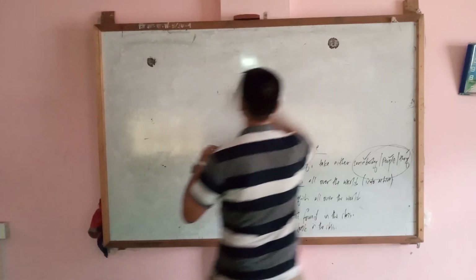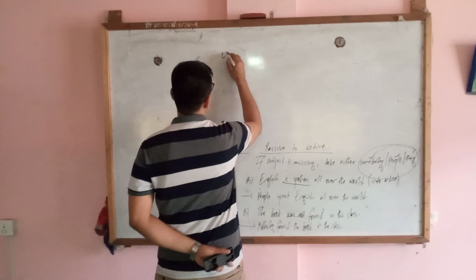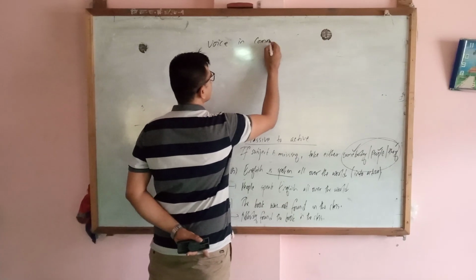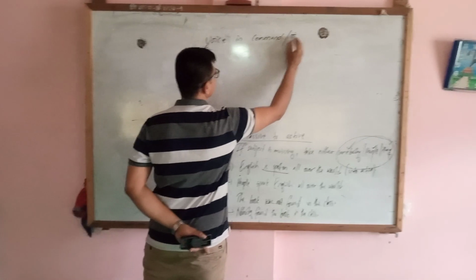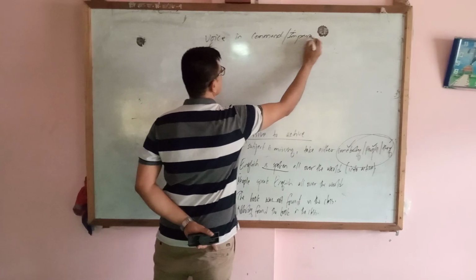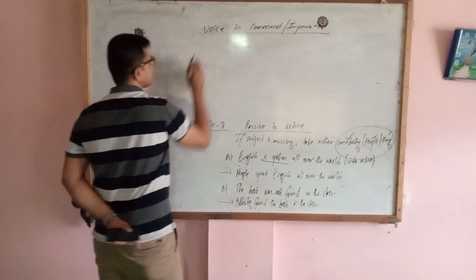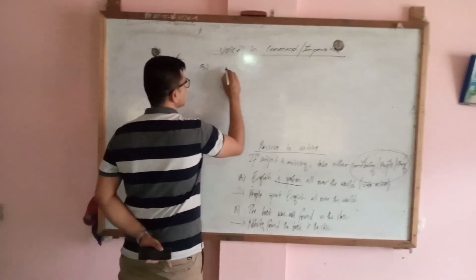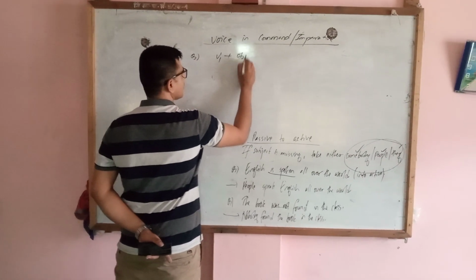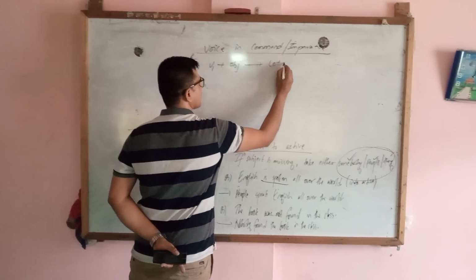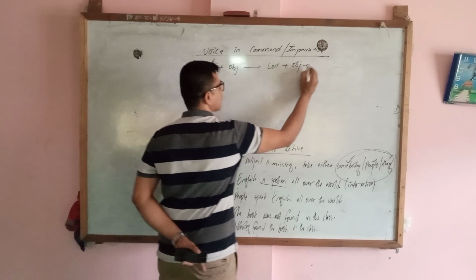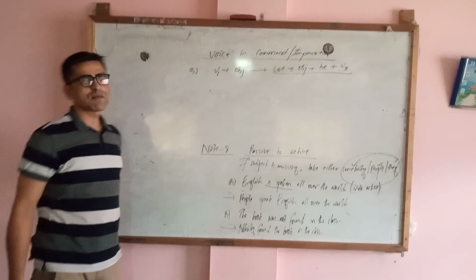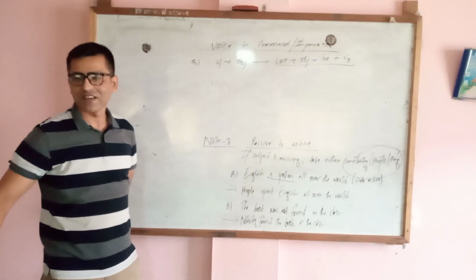Okay, now let us talk about voice in imperative sentences, command sentences. Voice in imperative. Look at that. B1 plus object equals let plus object plus B plus B3. This is the structure.